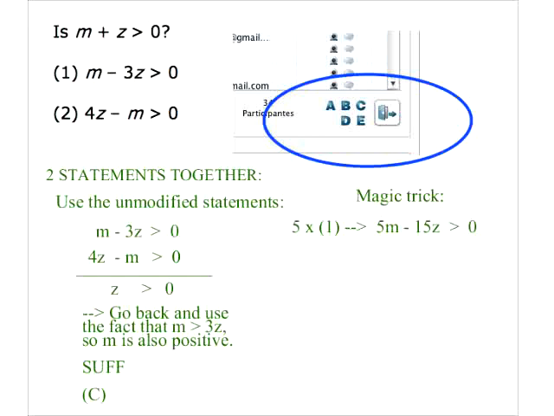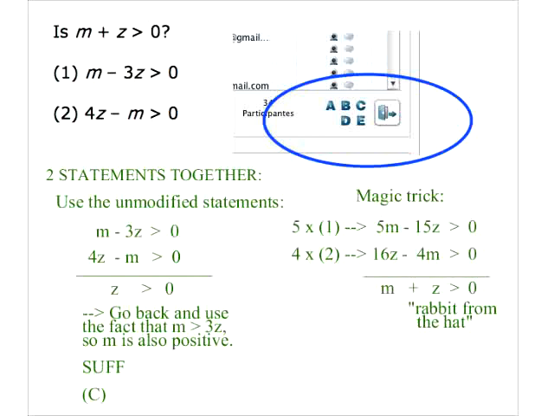You can do 4 times the second statement, which will give you 16z minus 4m. And if you add those, guess what happens? It actually gives you right away what you want. It gives you m plus z. It's kind of a cool magic trick. There's your rabbit from the hat.